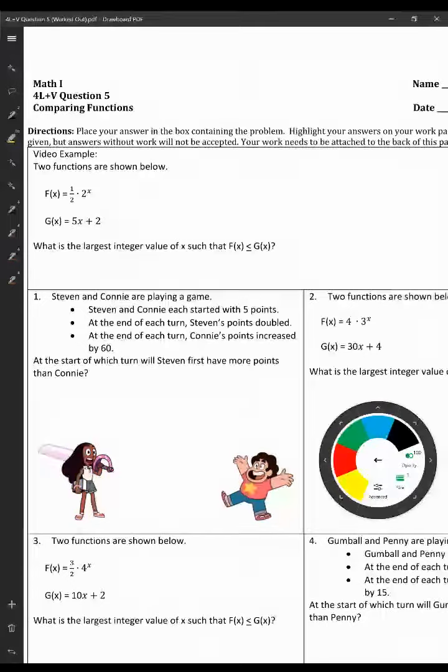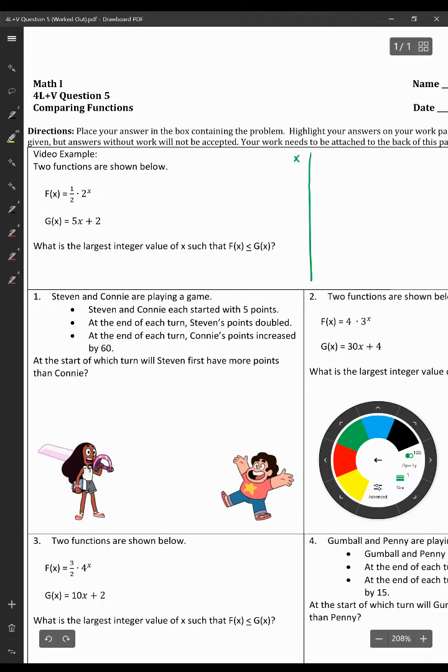So remember, an integer is just our counting numbers, one, two, three, and it includes all of our negatives and zero, of course. So we're going to go ahead and set up a table. I think that'll be the easiest way for us to see what's going on.